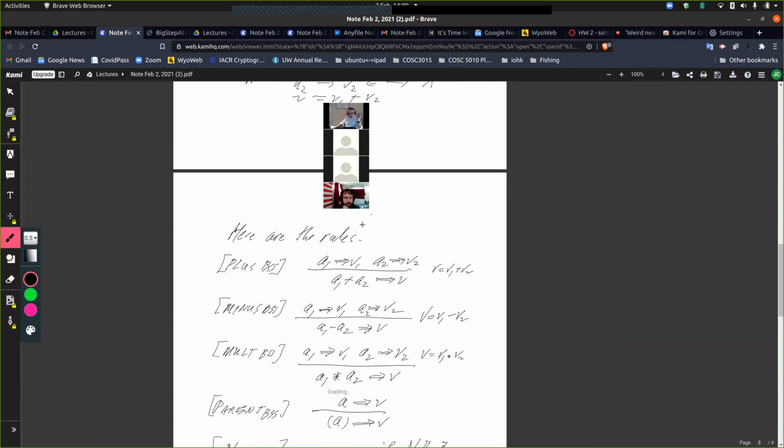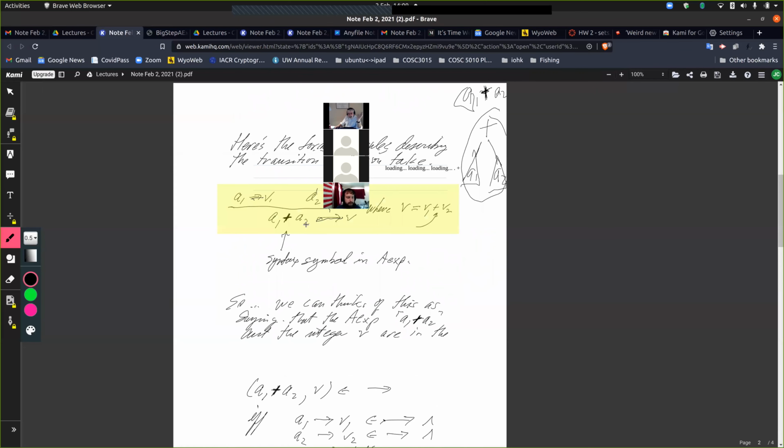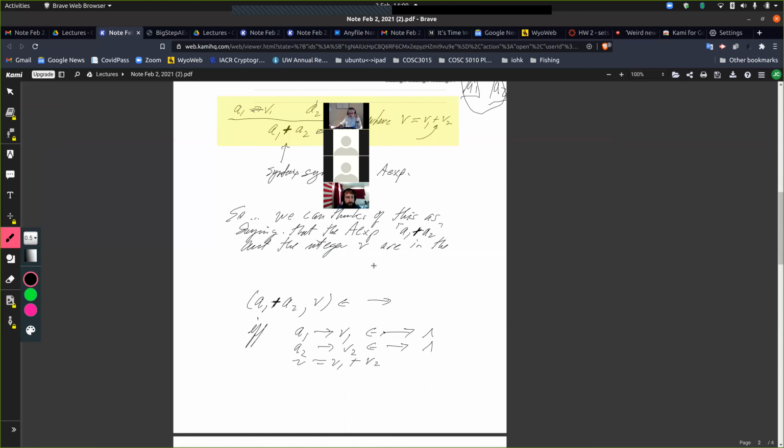You're never going to have these abstract things A1, A2, and V, but they're placeholders: A1 is a placeholder for any A expression, A2 is a placeholder for any A expression, and V is a placeholder for any int. So how do you evaluate this?